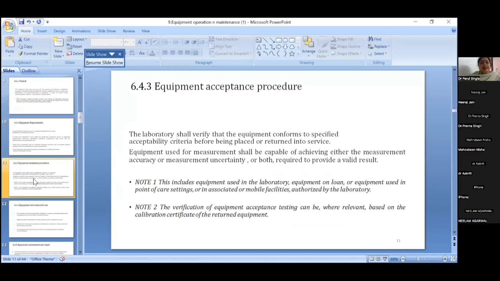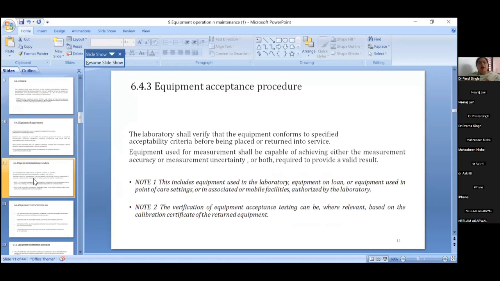Then the equipment acceptance procedure. We will discuss it in detail in the later slides, but the laboratory shall verify that equipment conforms to specified acceptability criteria before being placed or returned into service.